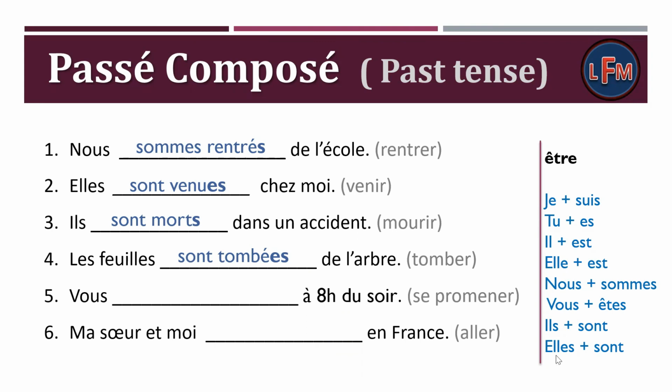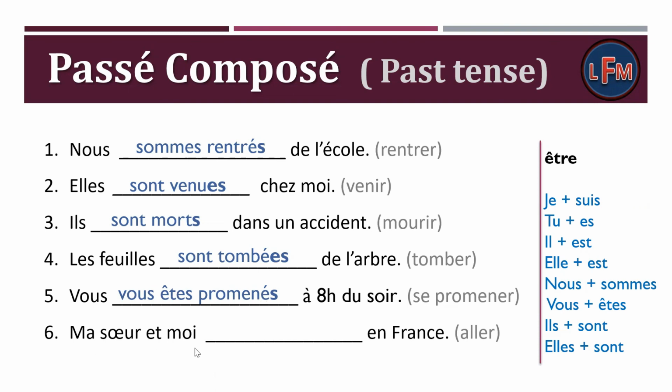With vous it is êtes. So vous êtes. Then the participe passé of the verb, which is promené. So vous êtes promené du soir. With the participe passé of the verb, we add an extra s as vous is plural. Vous êtes promenés du soir.